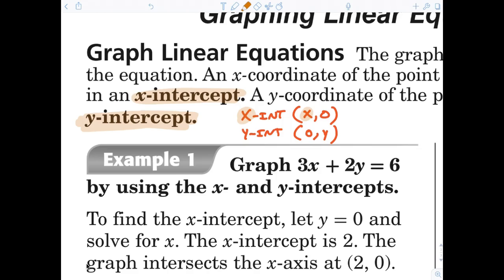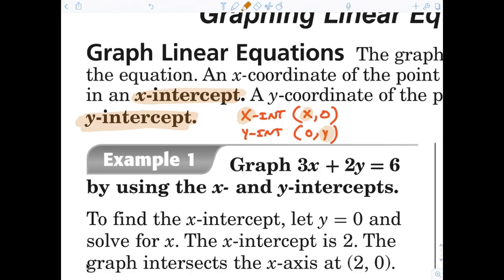When you're trying to find the y-intercept, you're trying to find a y value. So the x will be what? 0. Is everybody with me on this, guys? Yeah. It'll make more sense after I do a couple examples, but those are the basic definitions. The x-intercept is where the line crosses the x-axis, and the y-intercept is where the line crosses the y-axis.